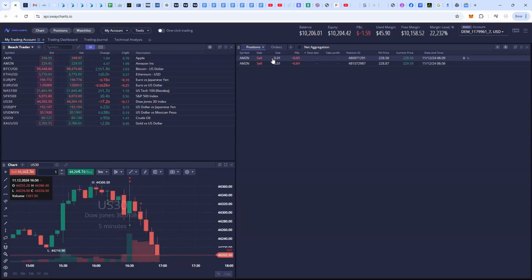If we had it at 1, then it would be $100 right now. If we had it at 10, it would be $1,000 right now. If we had it at 100, it would be $10,000. So all we're doing is switching lot sizes and it goes up or down really fast, right?